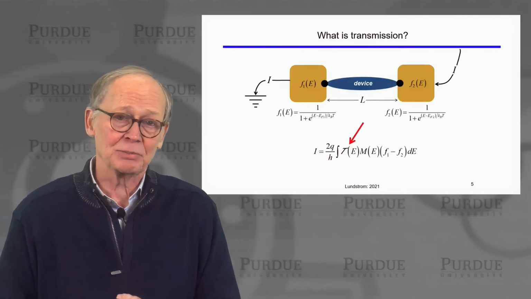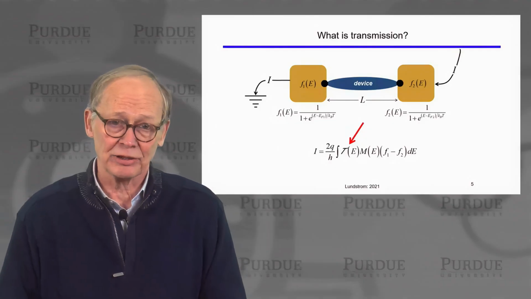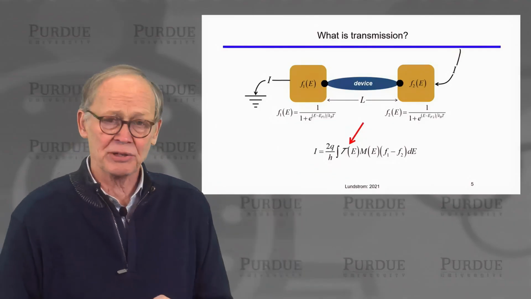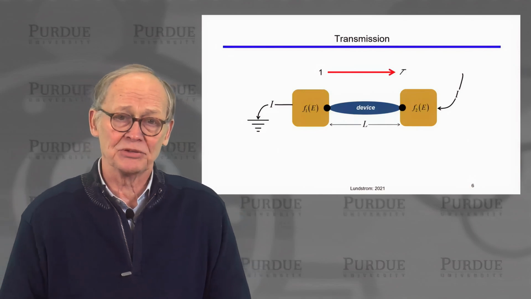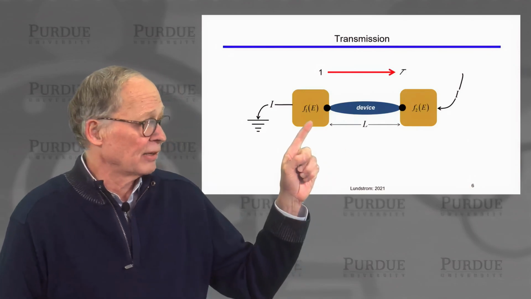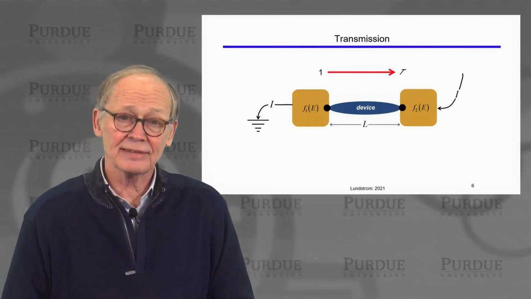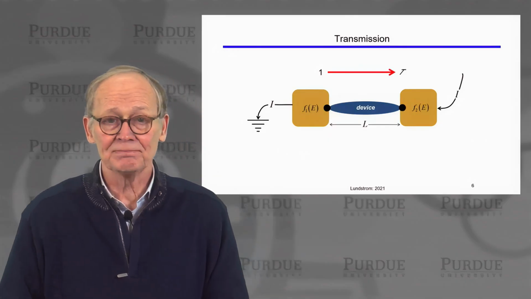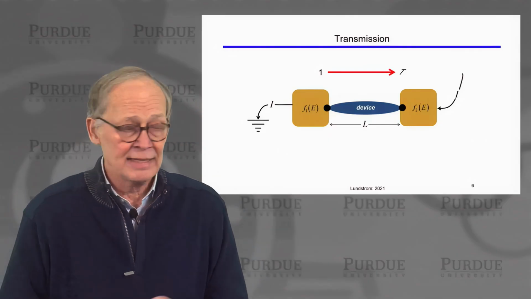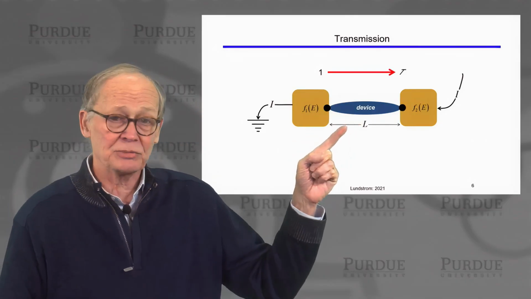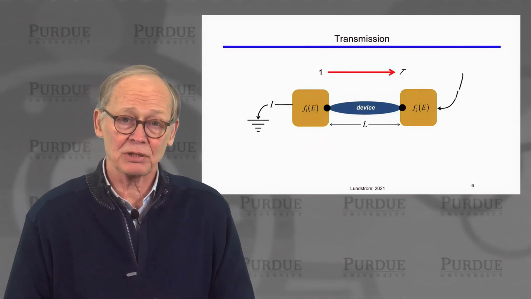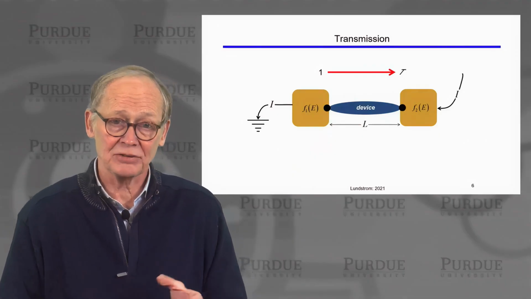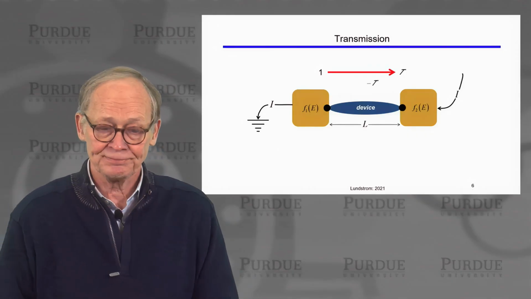Let's talk about some of the parameters in our current equation. The first one is the transmission. So the transmission is simply a number between 0 and 1. If an electron is injected from the first contact into the device, the channel of our MOSFET, the transmission T is the probability that it will transmit across and come out and exit in contact 2.